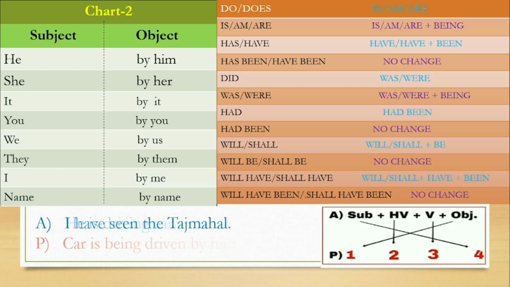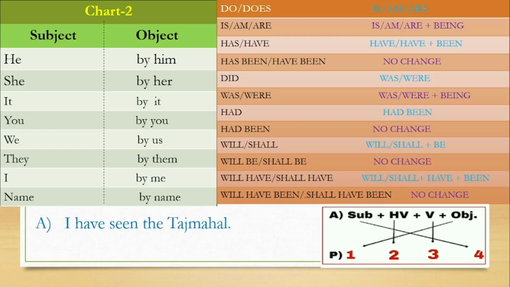Second example: I have seen the Taj Mahal. Here the object is the Taj Mahal. Then the helping verb, have. Have will be changed into have been. Understand here that the Taj Mahal will be put in first position.